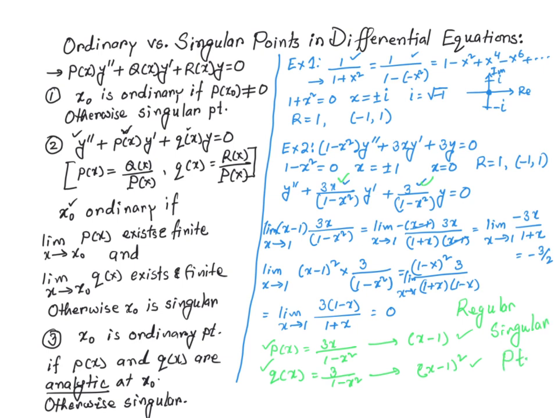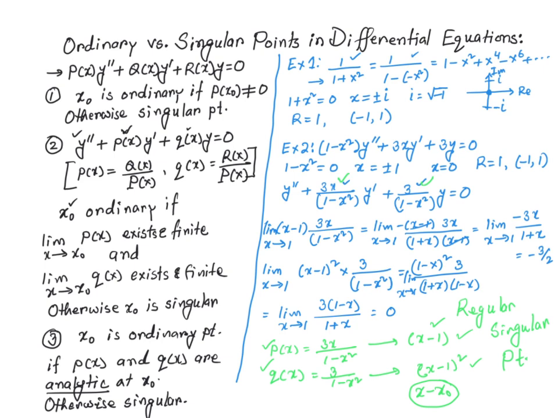Remember, you multiply p of x by x minus 1, or rather x minus x naught, as x approaches x naught. In our case, x naught happens to be 1. So you multiply it by x minus x naught and take the limit as x approaches x naught.